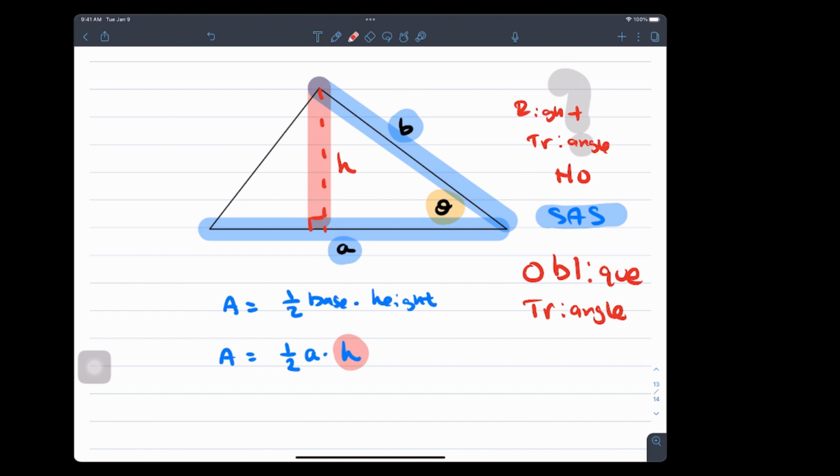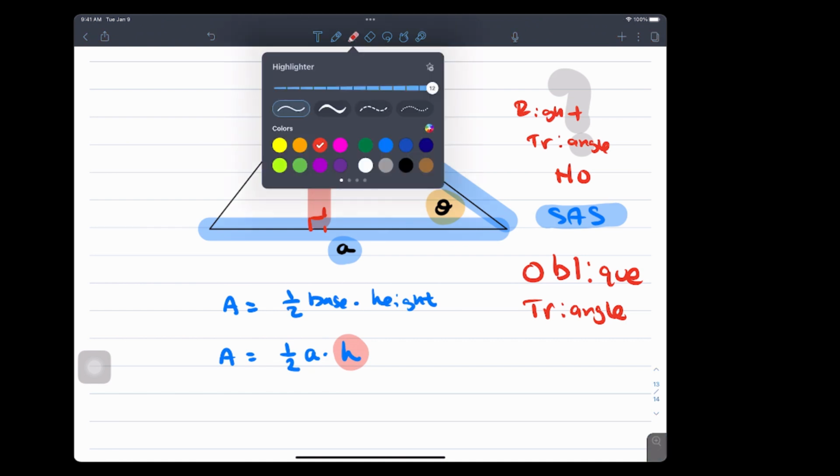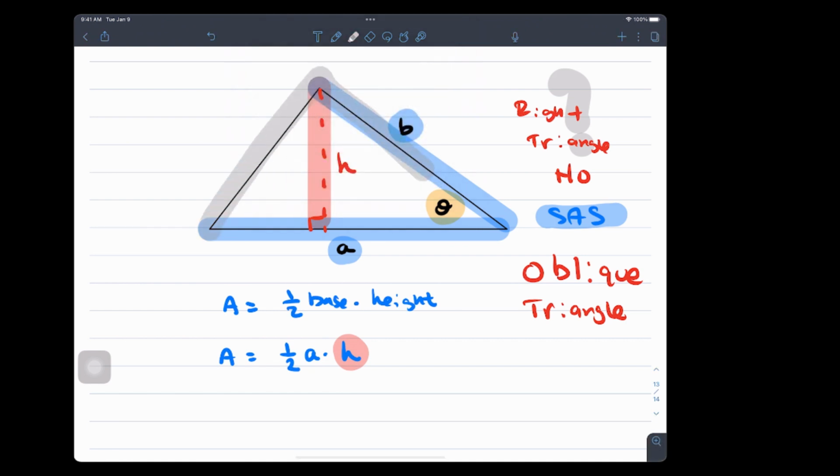If you remember from geometry, if you have a triangle here, what's the area formula? It's 1/2 base times height. Isn't the area formula for a triangle 1/2 base times height?